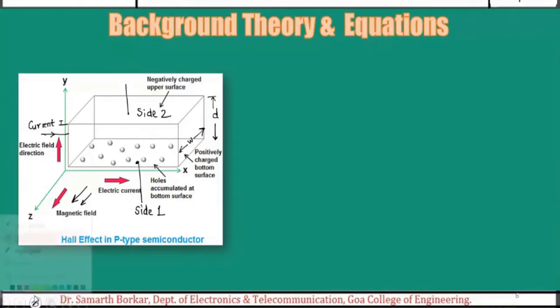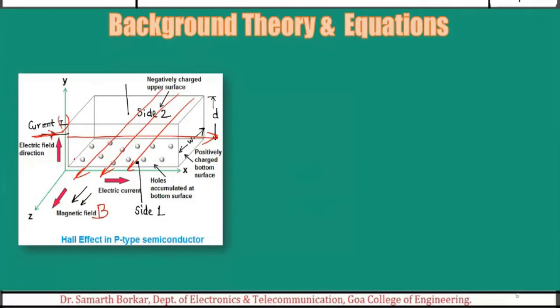See here, I'm taking a semiconductor bar, and we are injecting current through it. In other words, this is a current carrying bar, and we are keeping it in a magnetic field. So current is flowing in this direction, and it is placed in a magnetic field which is perpendicular to the current. Fine. So the magnetic field is marked as B, the current is marked as I.